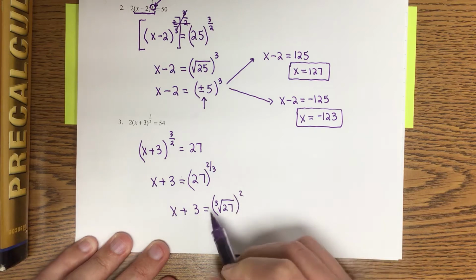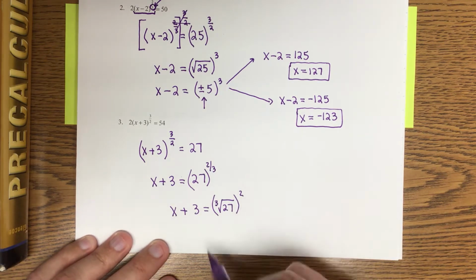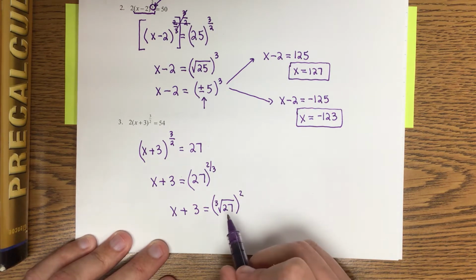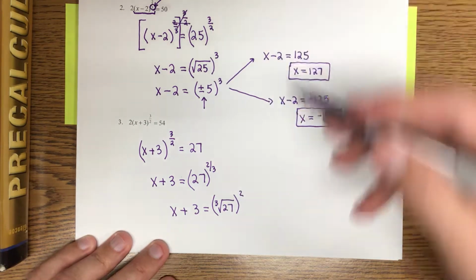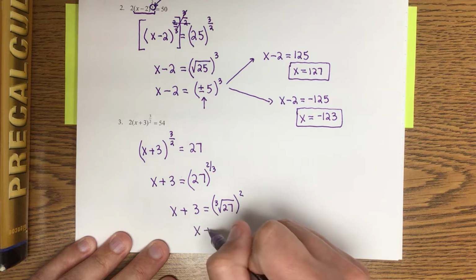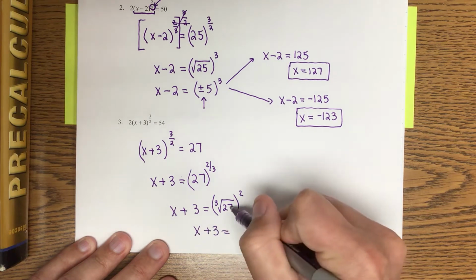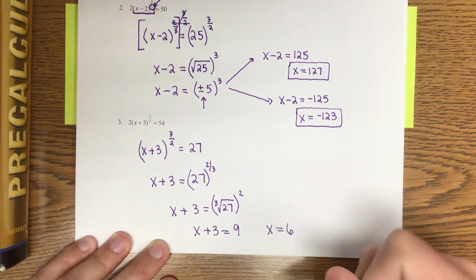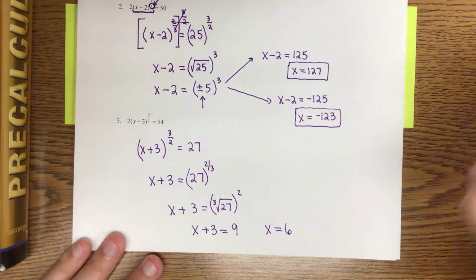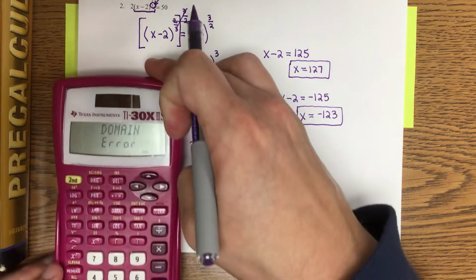Now, the cube root never, ever gives you 2 answers. It only ever gives you 1 answer. So square root gives you 2, plus or minus, but cube root just gives you 1. So for this answer, it would be 3 squared, which is 9, and then we get back 6. And you can plug that 6 in, kind of like I showed you earlier. So let's see here.